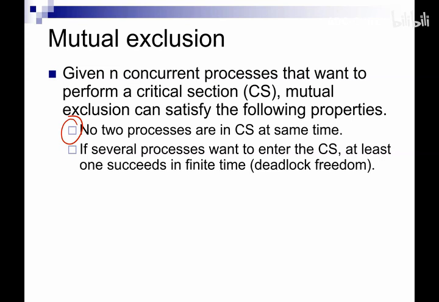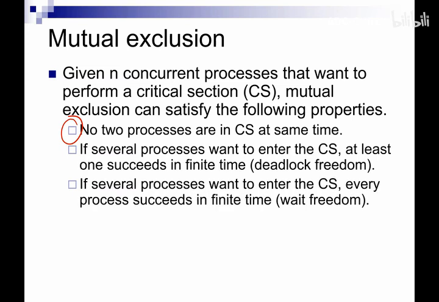These processes need to do some sort of coordination, so they're going to run some algorithm, and it takes some time for one of them to get into the critical section. But eventually, if you have multiple processes that want to enter the critical section, then one of them gets to enter. Likewise, if you just have one process that wants to enter the critical section, then of course that process will also get to enter. At least we're not going to have everybody being stuck.